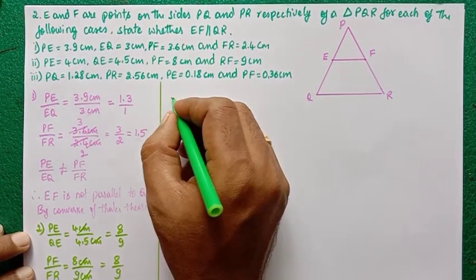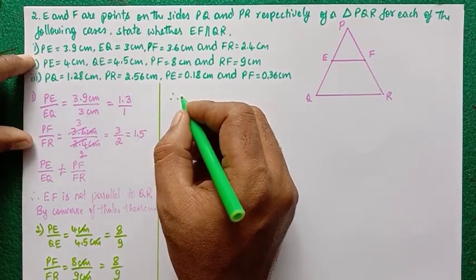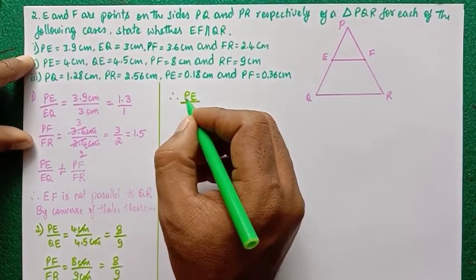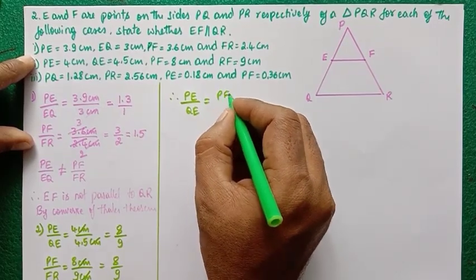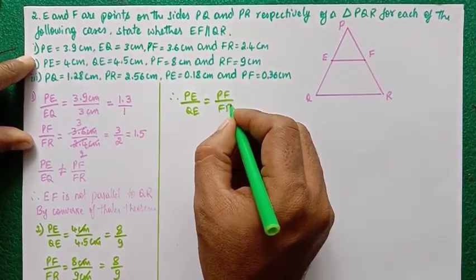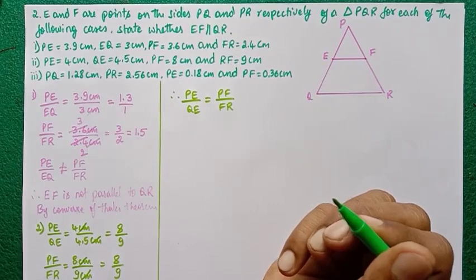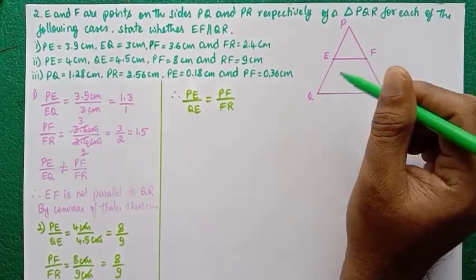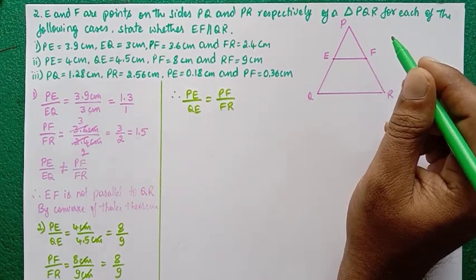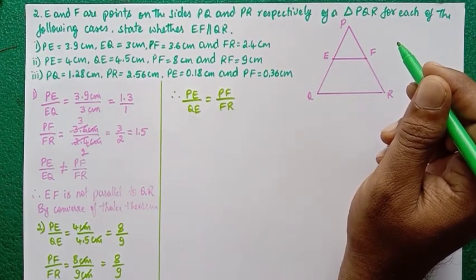So therefore here we can write PE by QE is equal to PF by FR. So the sides of the triangle PQR are divided by EF in the same ratio.